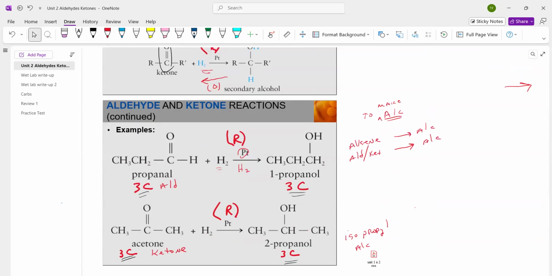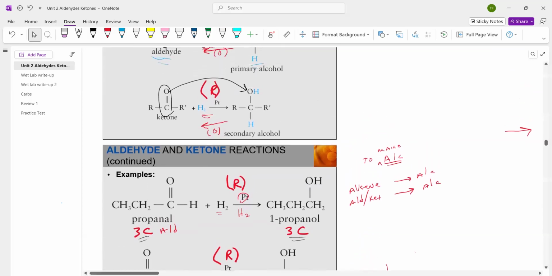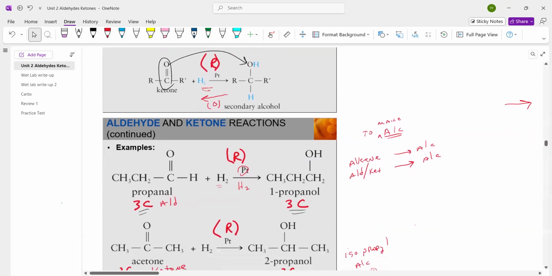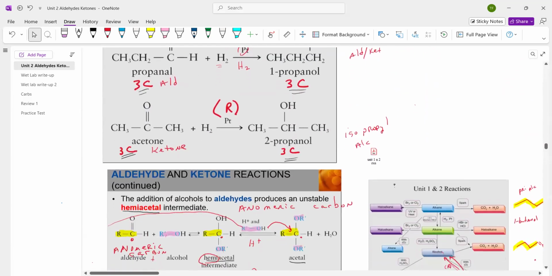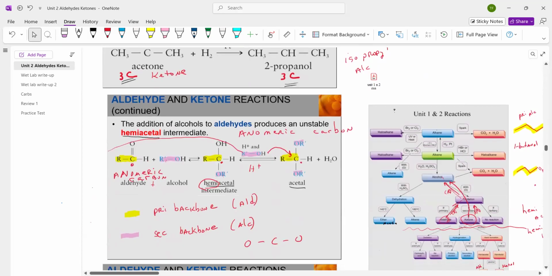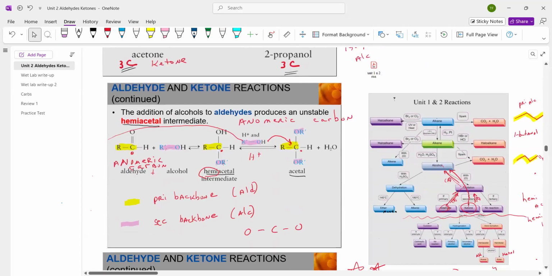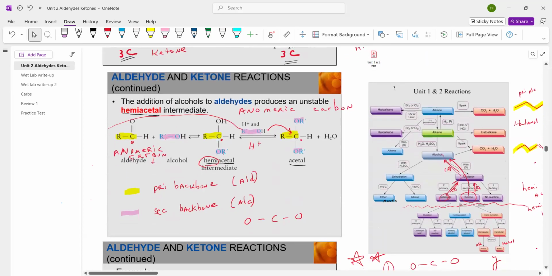So this is one way to make an alcohol: you reduce an aldehyde or ketone, or you do an addition reaction of an alkene to get an alcohol. Okay, so that's the first group of reactions, oxidation reduction.